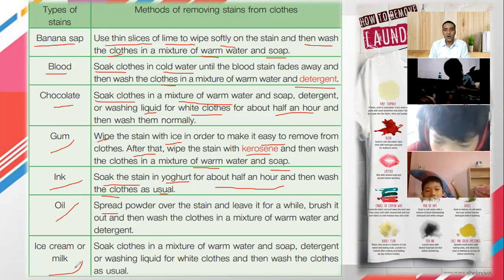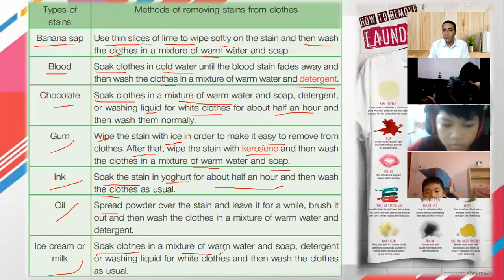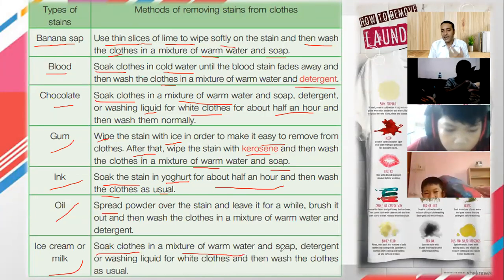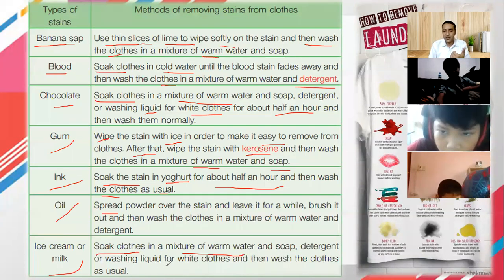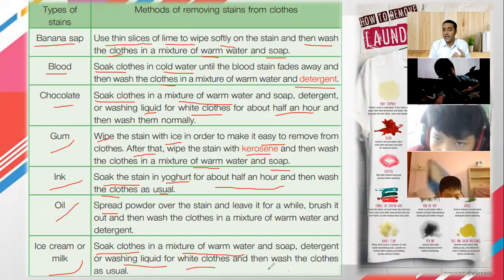Ice cream or milk stain: same, soak the clothes in a mixture of warm water and soap, or detergent, or washing liquid for white clothes, and then wash the clothes as usual.